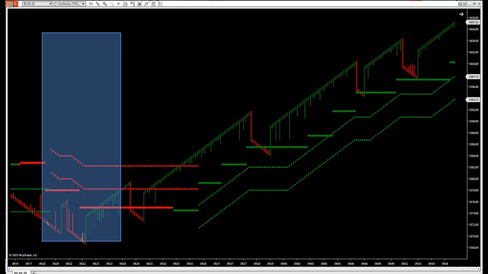I'll repost it. $56.04 target. So at 8:19 this morning, we had a 56.04 target here.